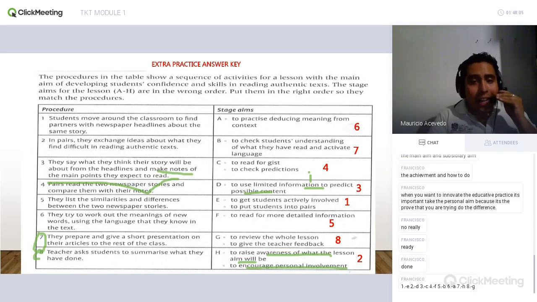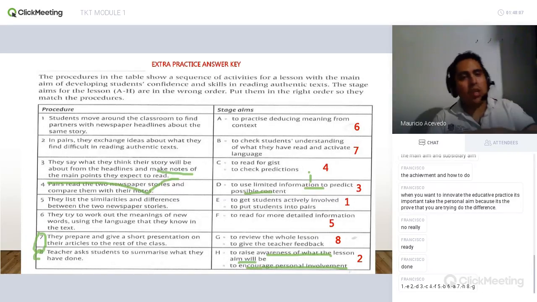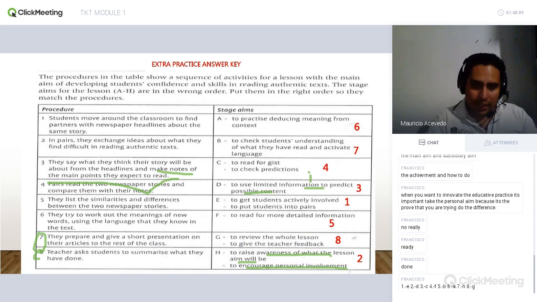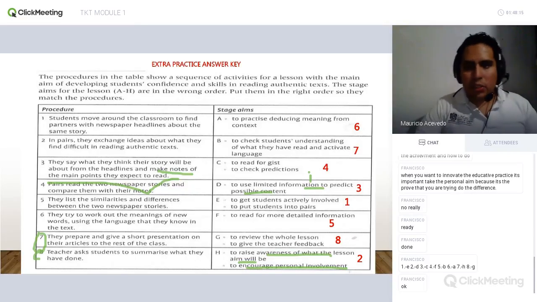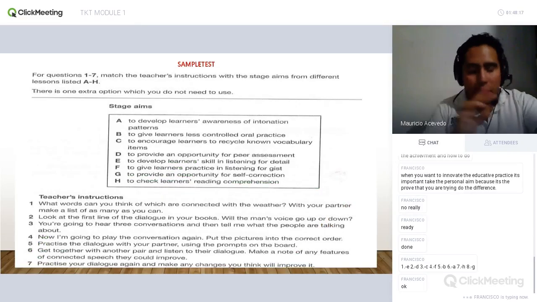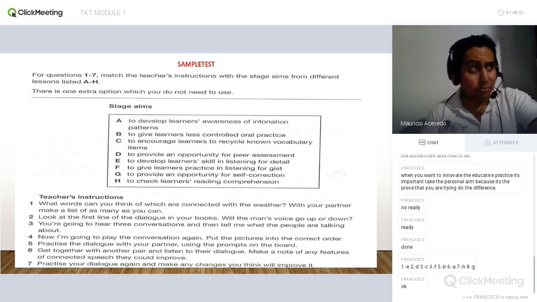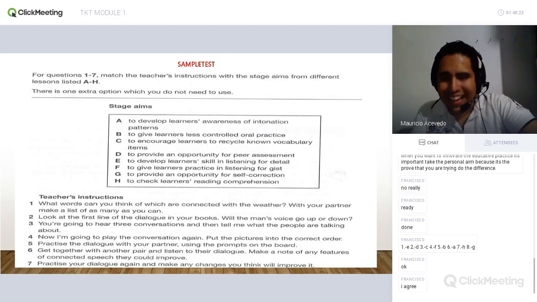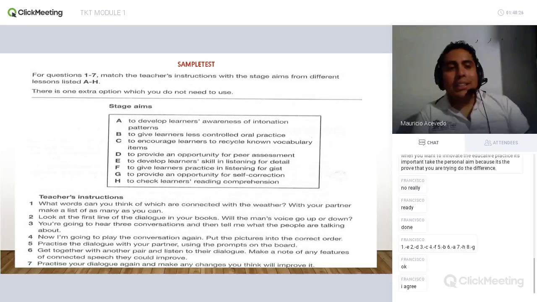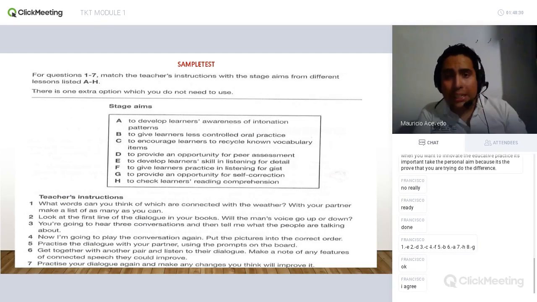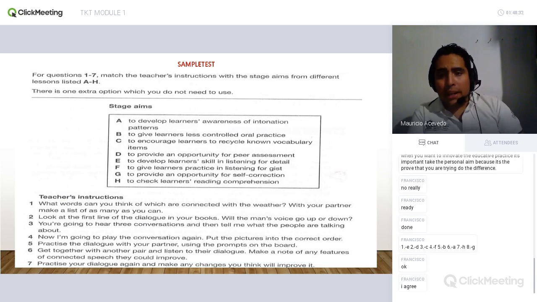So that you can rest and you can start thinking about the sample test of module one. Okay, do you agree, Francisco? So that you can do this activity for homework? Sorry, for next Friday, not for homework. Excellent, Francisco. So that's all. I don't know if you have a question or a doubt or a comment about this topic, about aims.